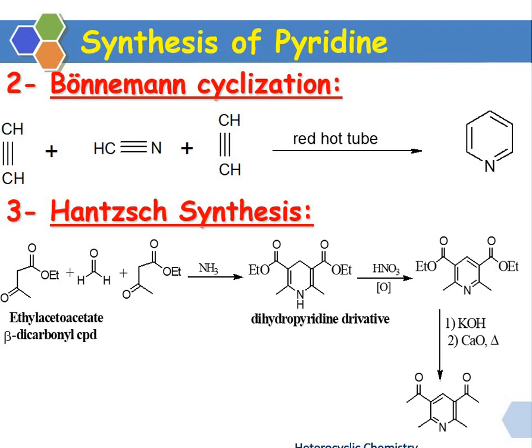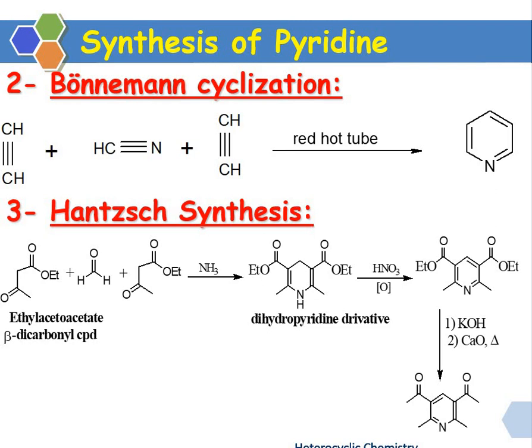Now, Bönnemann cyclization. Acetylene, molecular acetylene and hydrogen cyanide, passes through a hot tube. Pyridine is obtained. Hantzsch synthesis. This is also a very important synthesis of pyridine.